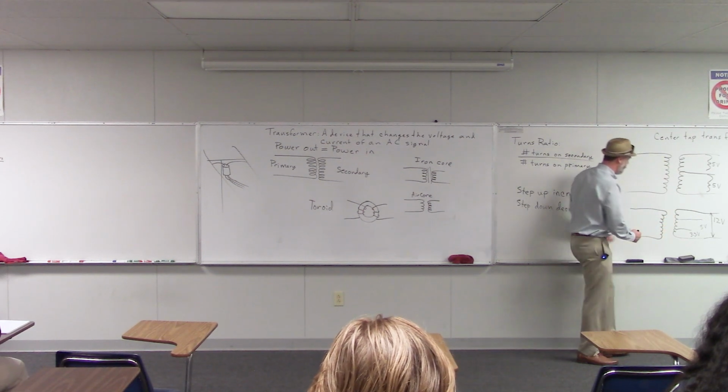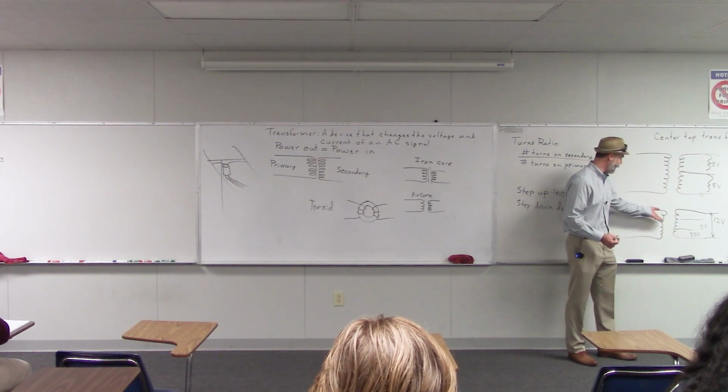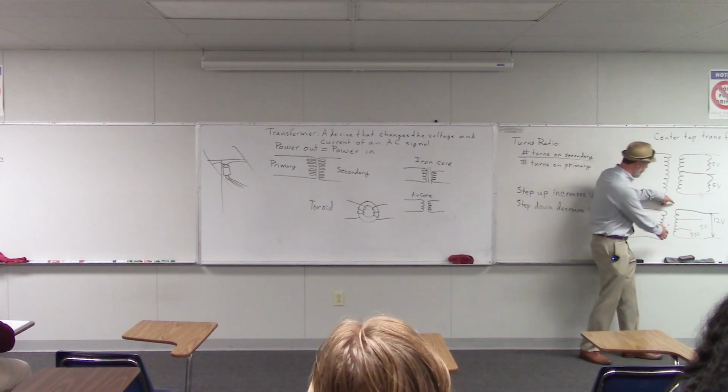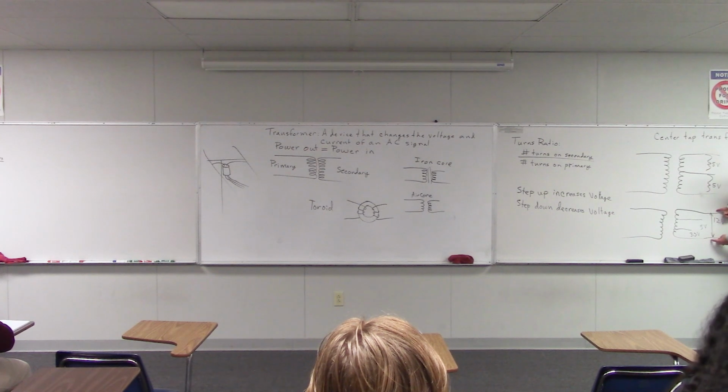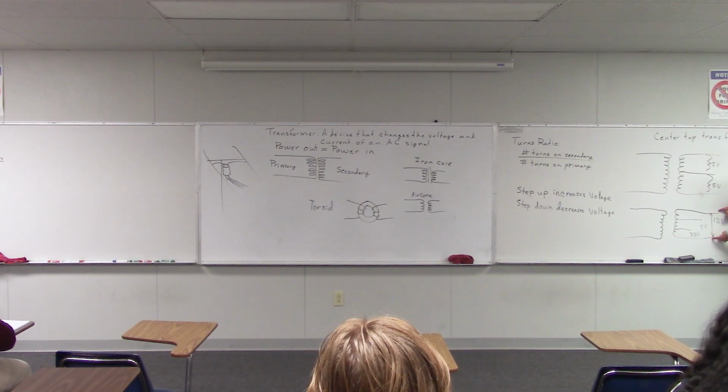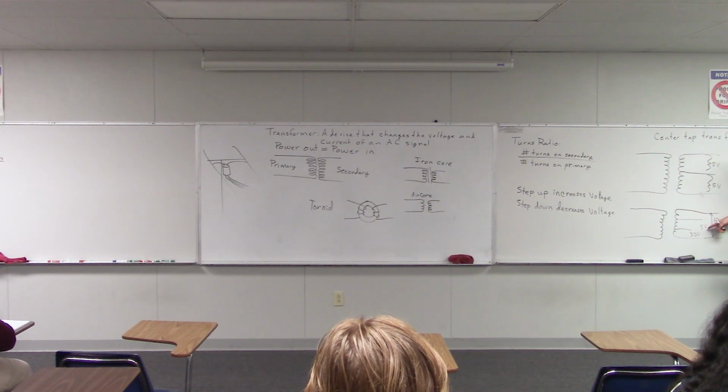Say you had a primary coil here, and the secondary coil. If you look at the full secondary, it might have 120 turns on it, and that would give you 12 volts. This part between there and there would only have 50 turns, so that would give you 5 volts.